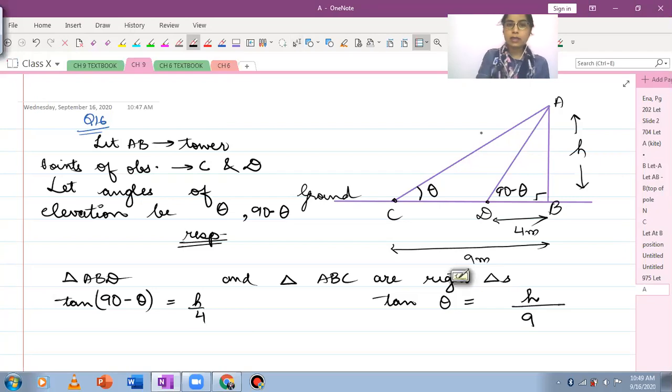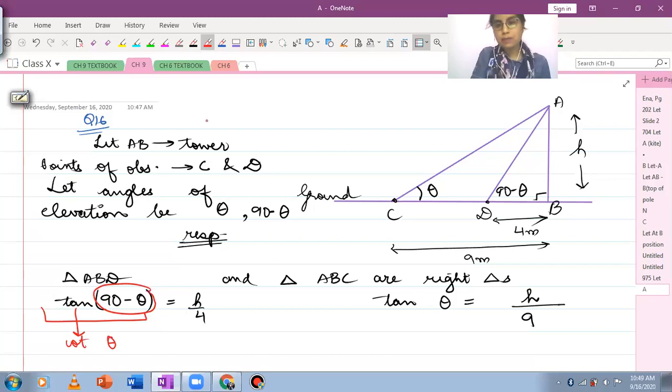Now, the concept that is deleted from chapter number 8 and is not in your syllabus is this one. When you have tan of 90 minus theta, this here is actually a complementary angle of theta. So the ratio tan changes to cot and we have theta. These two are equal. This can be observed from the table of values also.